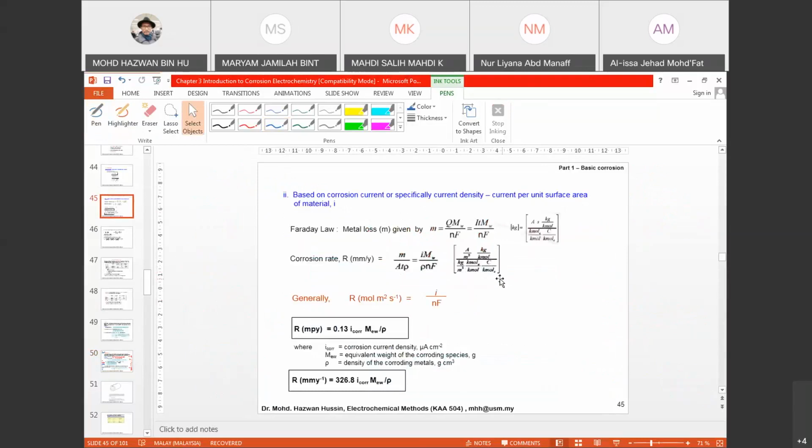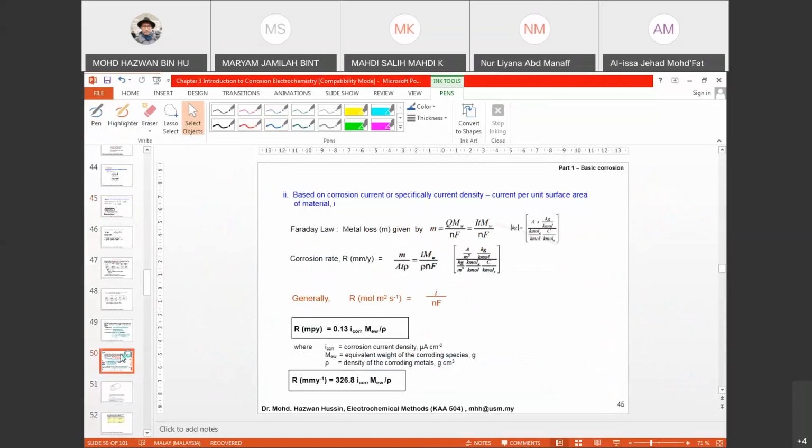You can actually refer to this one back, okay? The unit is actually in MMPY. This is actually the formula. You have corrosion rate equals to M over area times time times rho, or you can use this one.